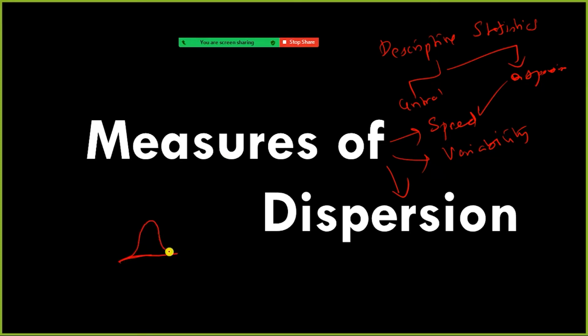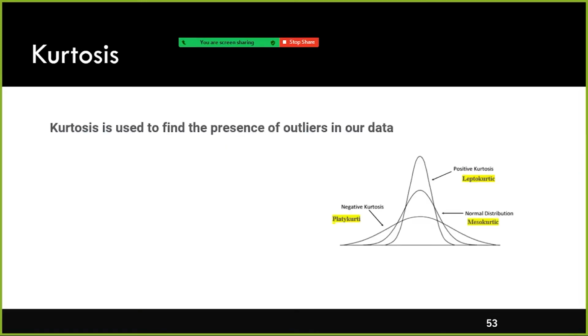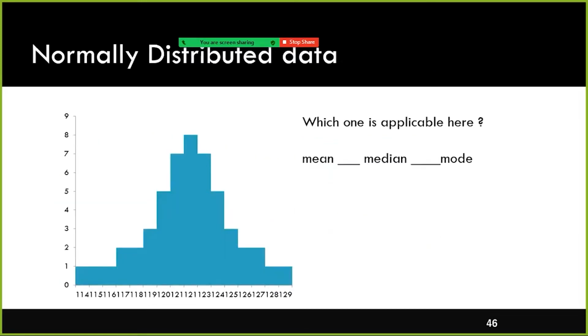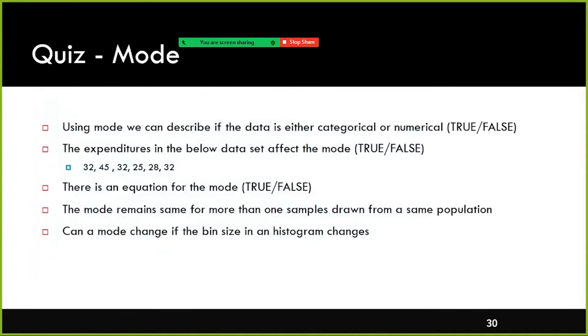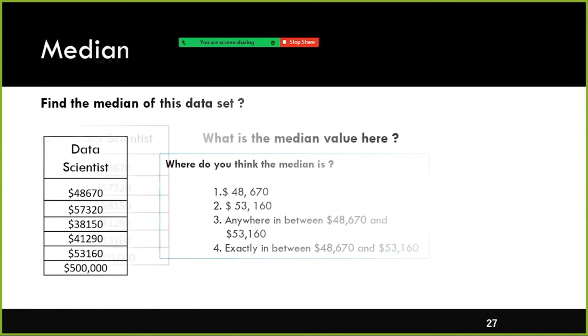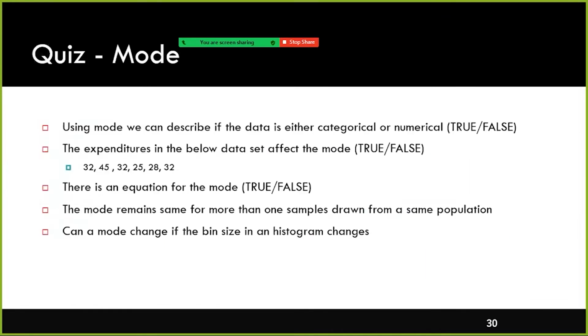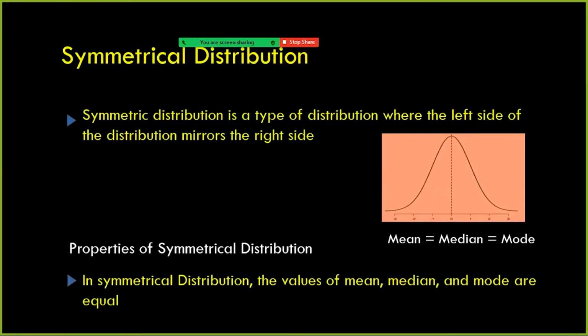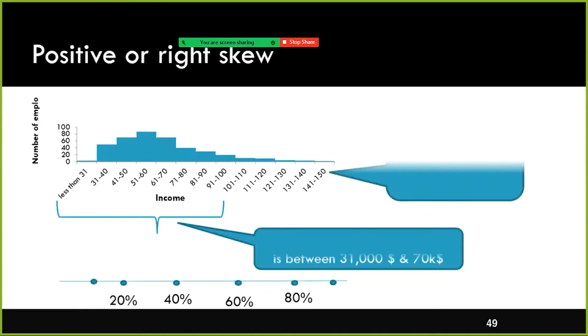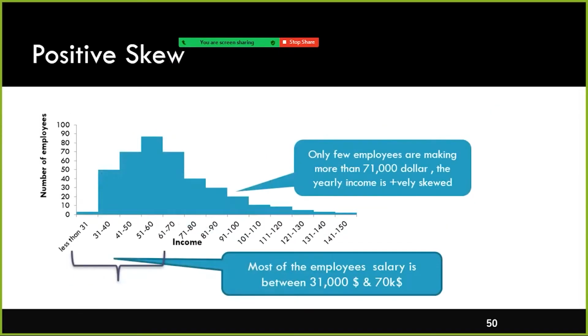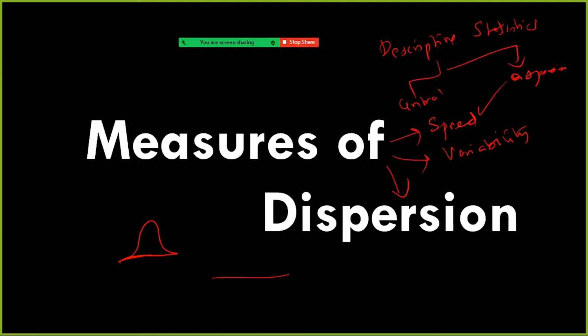For example, I have a data set like this, and I have another data set. When I plot it in a histogram, I get something. So let's say this is my histogram.